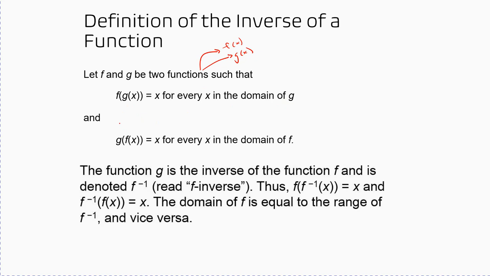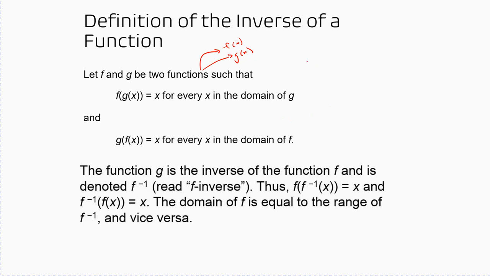And also, if you go the other way, g composition f of x, so you take f of x, plug it into g of x, and it's equal to x, and this is for every x in the domain of f, then what we can say is that this function g is the inverse function of f.